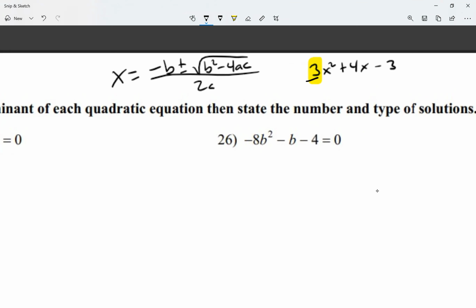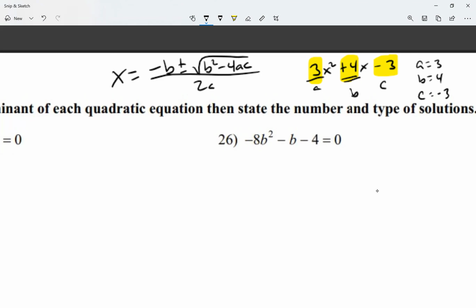The number in front of the x, I'm highlighting the sign as well, will be my b. And lastly, the number by itself at the very end will be my c. So in this case, my a is positive 3, my b is positive 4, and my c is negative 3. That is what we call the quadratic formula.